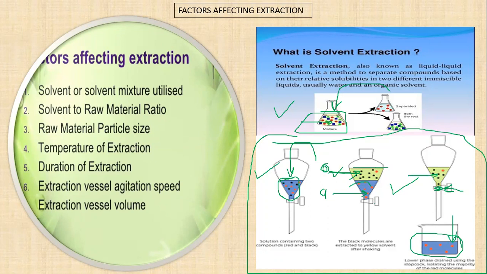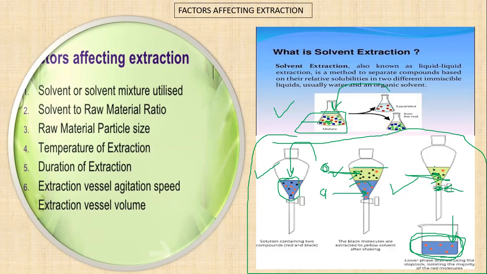One was shown as a black dot and the other as a red or pink dot. So one of these components goes along with the aqueous phase, and the other type of solutes are retained with the organic phase.